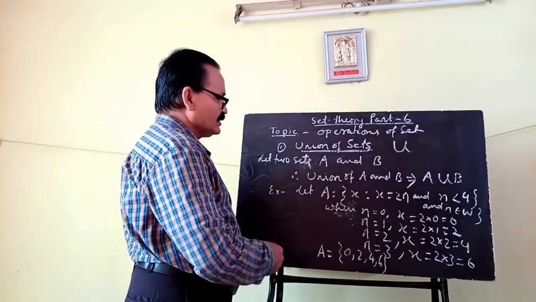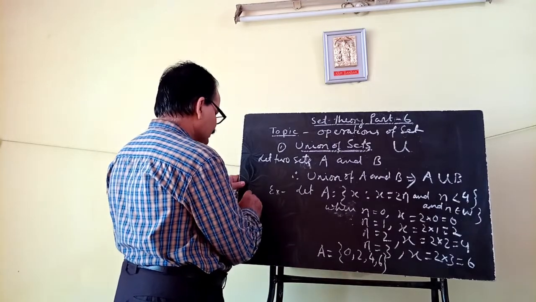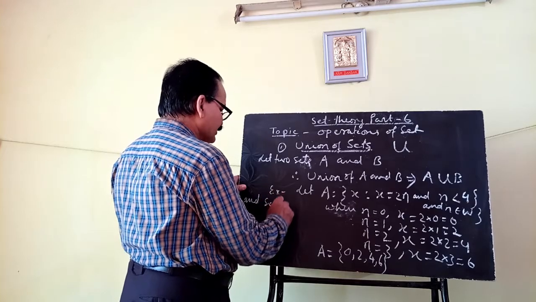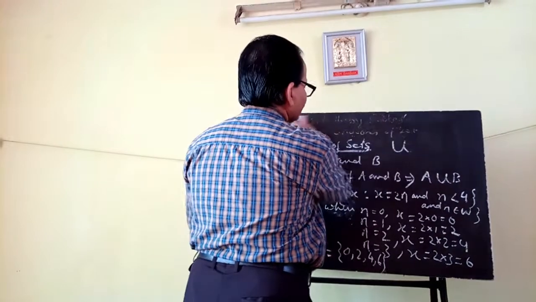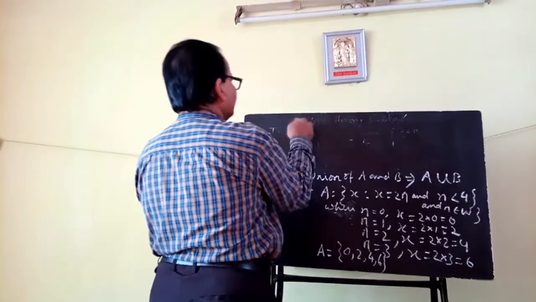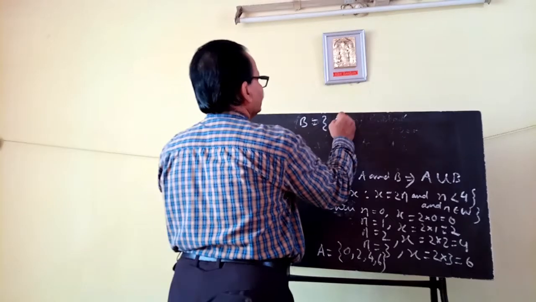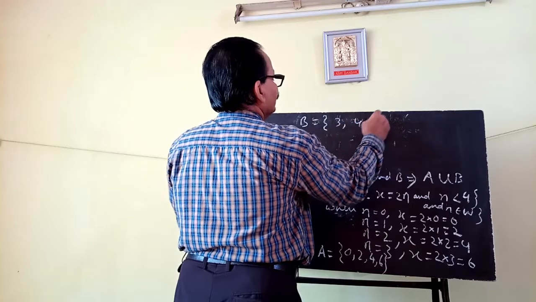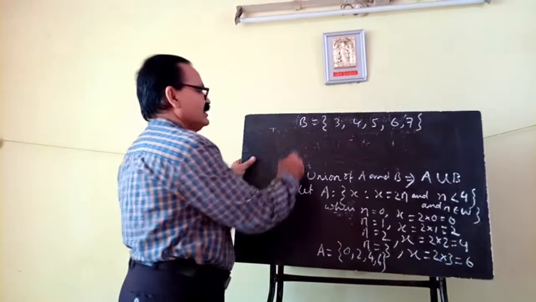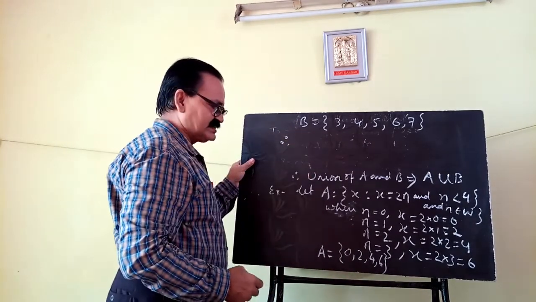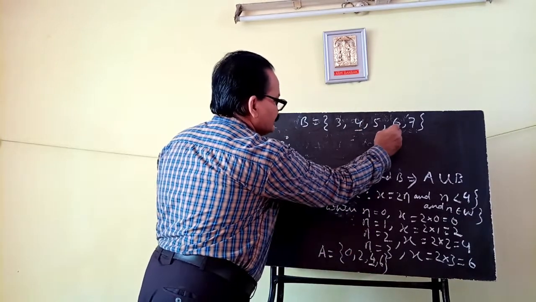Now for set B, let set B equal 3, 4, 5, 6 and 7. Then it is clear that 4 is common, 6 is common.